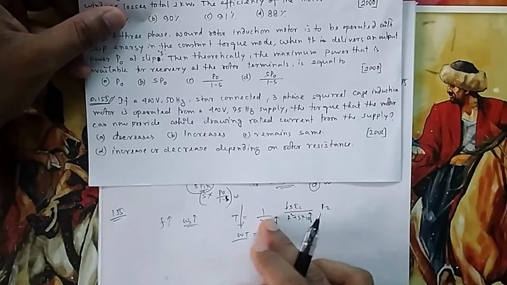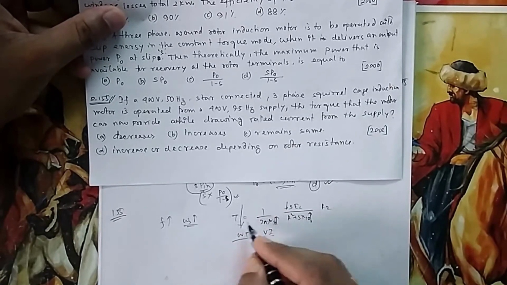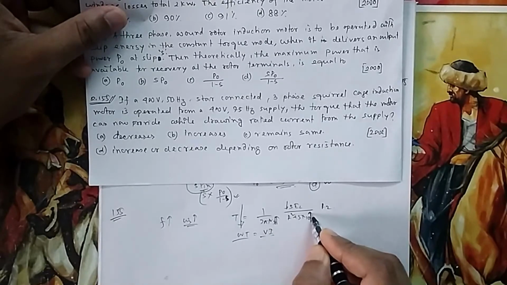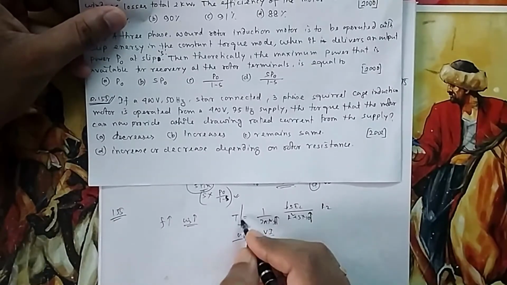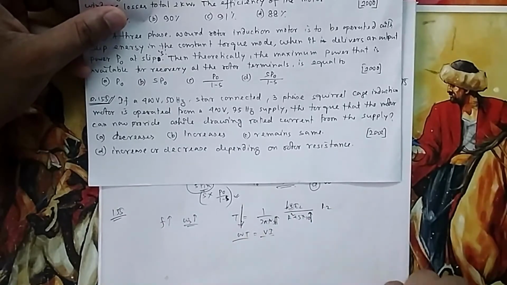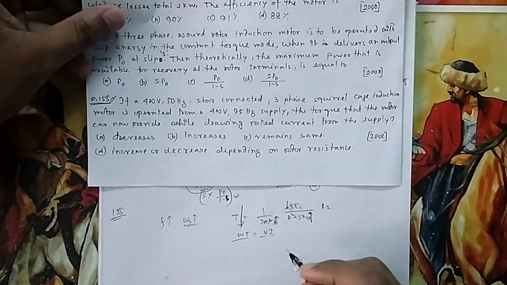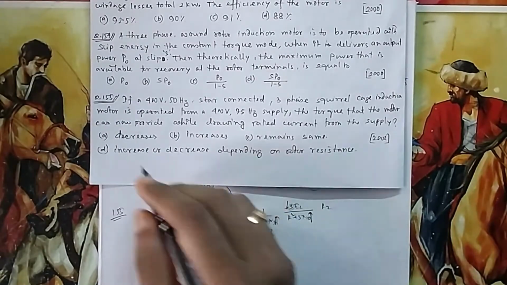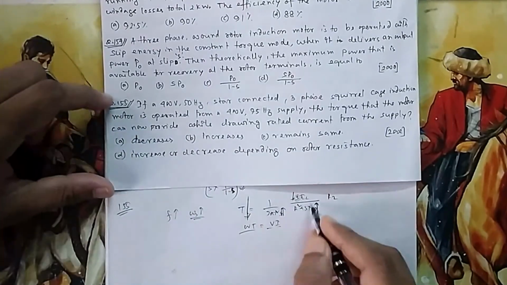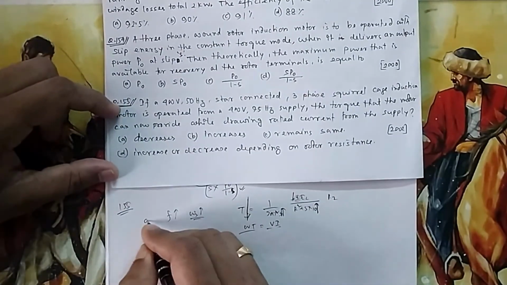All these factors give one indication. Due to this speed or frequency increase, the reactance will increase. That will also reduce your torque. So anyway your torque is going to reduce. You can see it in the speed torque curve also, but it is quite prominent from here. So that's why it is option A.